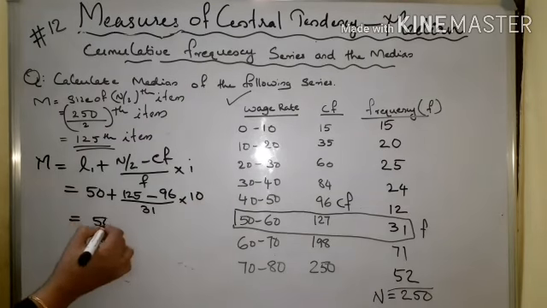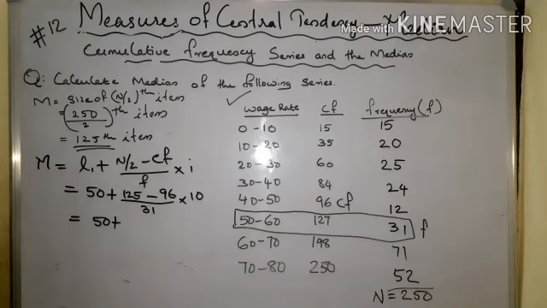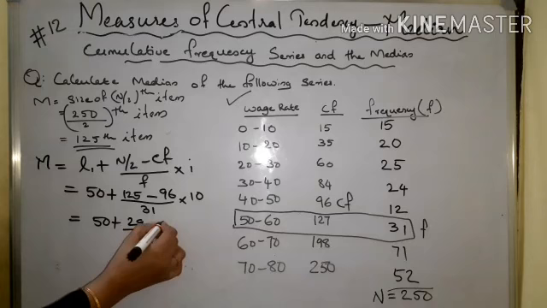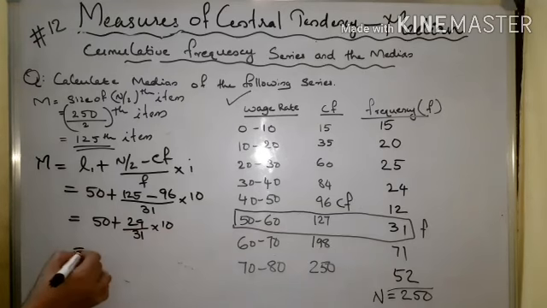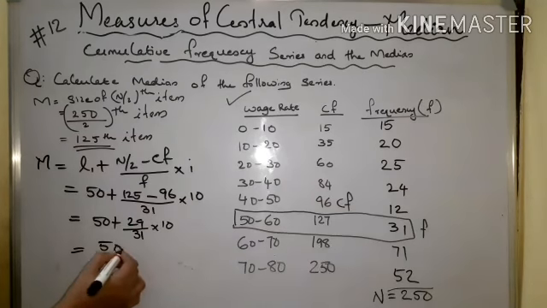That is 50 plus 125 minus 96, that is 29, divided by 31 into 10.